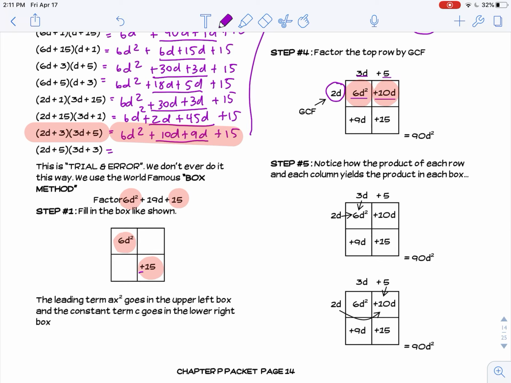Now, let's look at this. Step 5. Notice how the product of each row and each column yields the product in the box. 2d times 3d here is 6d squared. 2d times 5 is 10d, which we have right here.